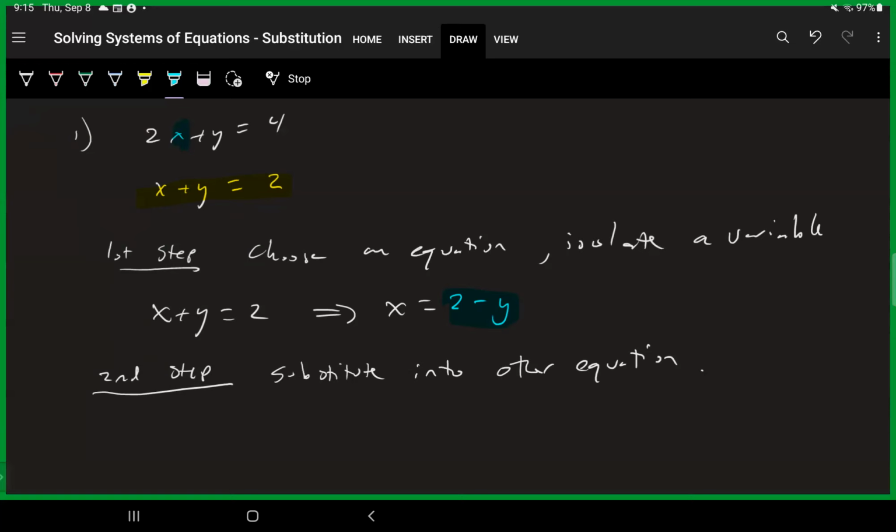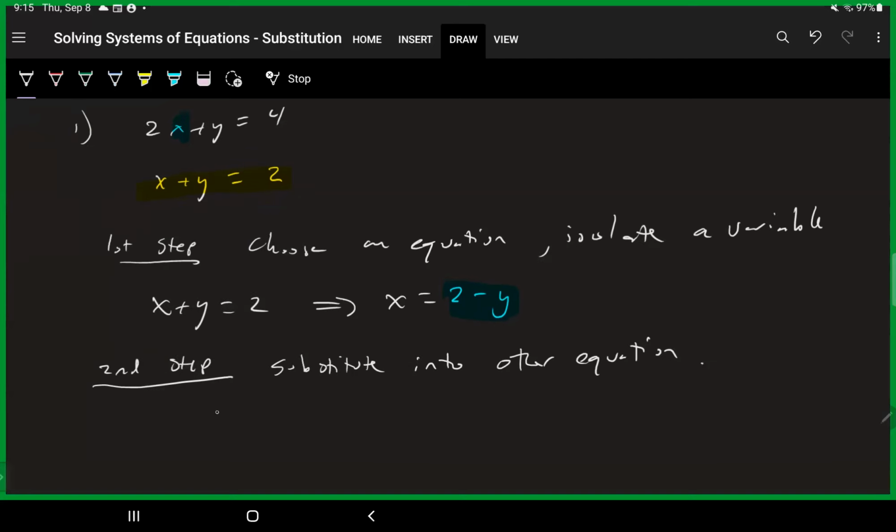We can't do the same thing, otherwise it's not going to work. So I used the second equation, solved it for x, and I'm going to get that expression that I got for x and plug it into the other equation. So that's going to be 2 times 2 minus y plus y is 4.